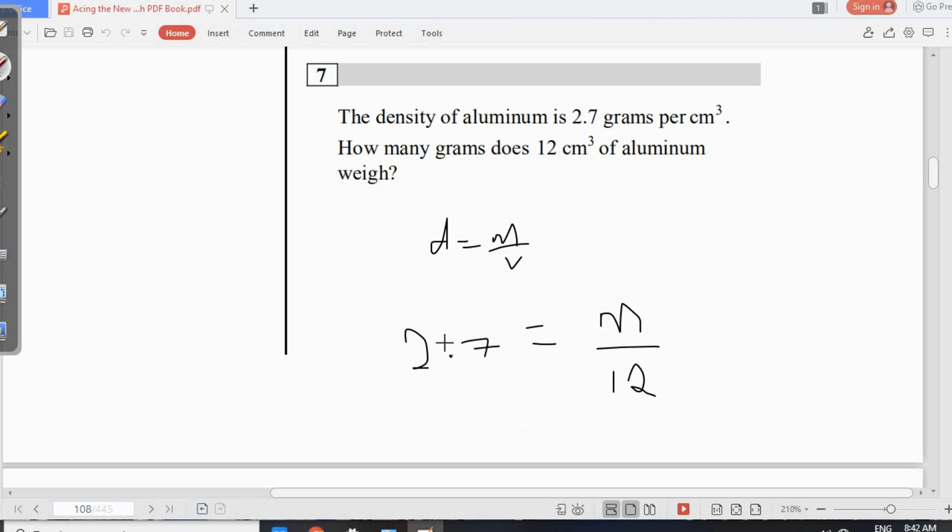A simple thing you do there is 12 times 2.7, which will give you 32.4 grams. This is your answer, 32.4 grams. Alright, let's move on.